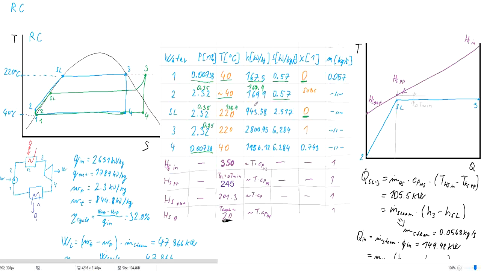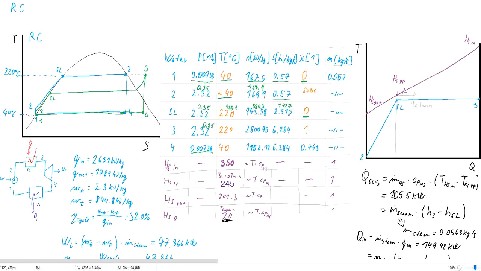The enthalpy value at the saturated liquid in this case is 584.3 kilojoules per kilogram. For the entropy, if you are searching also from these two independent variables, the value of entropy is 1.727 kilojoules per kilogram and Kelvin.